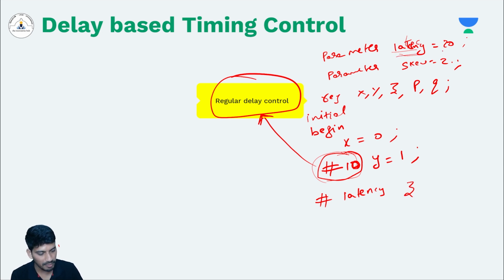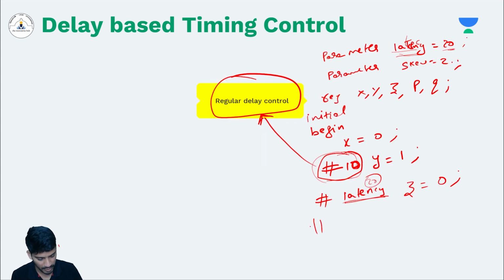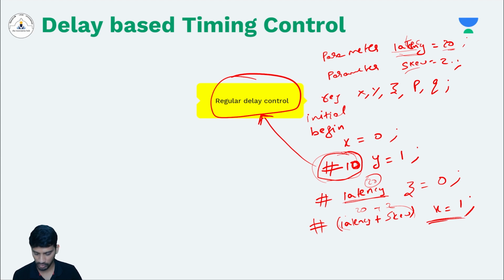After some latency, here I am defining Z with latency equal to 20, so after 20 nanoseconds, Z will be assigned 0. Then, instead of directly giving the parameter, you can give an expression as well, like latency plus skew. After latency plus skew, X is equal to 1. It will add 20 plus 2, and after 22 nanoseconds, it will execute X is equal to 1.